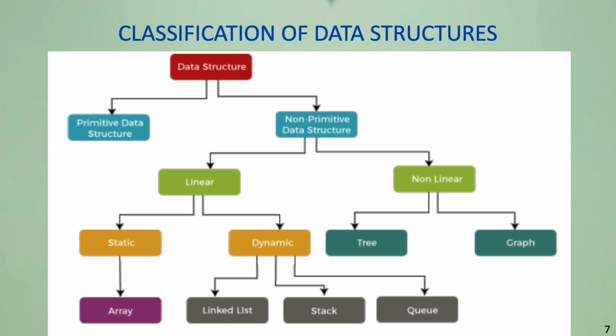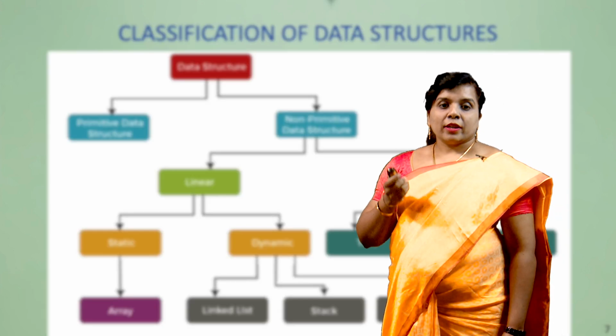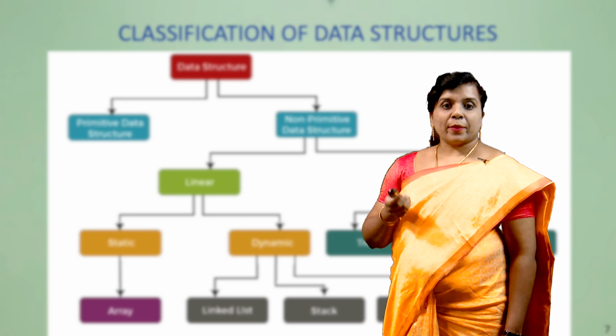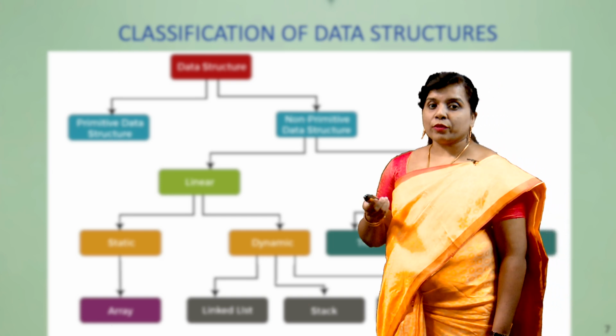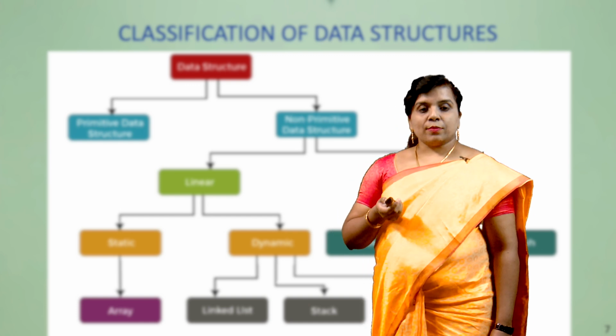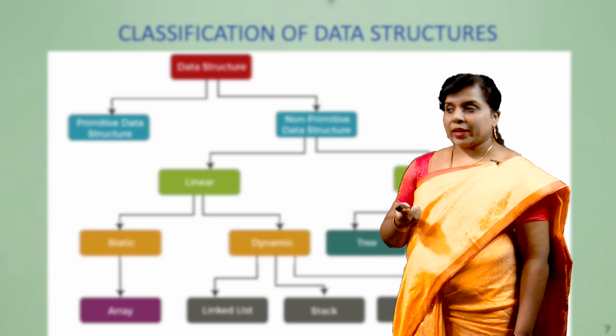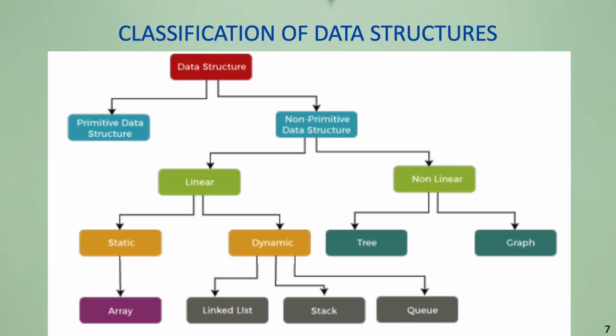Again we can classify the linear data structures into two, one is static and another one is dynamic. As you know, for static data structures, memory is assigned, allocated or reserved at the time of compilation. Once memory is reserved at the time of compilation, the user can no longer alter the size of the data structure.